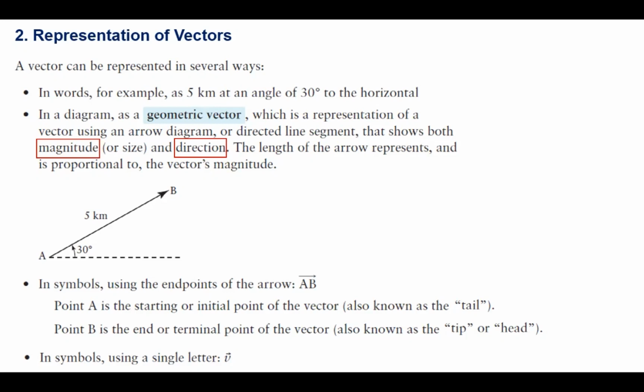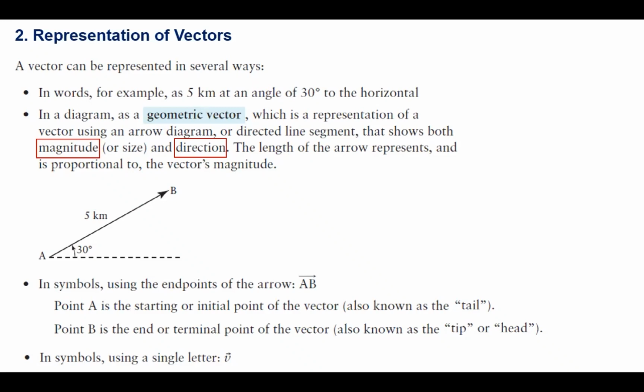The length of the arrow represents and is proportional to the vector's magnitude. For example, 5 kilometers at an angle of 30 degrees to the horizontal can be represented using a directional arrow like this. A directional line segment or a line with an arrow like this, right?